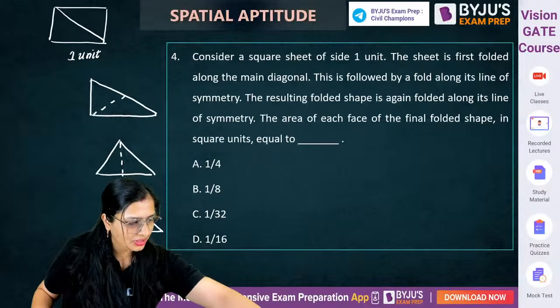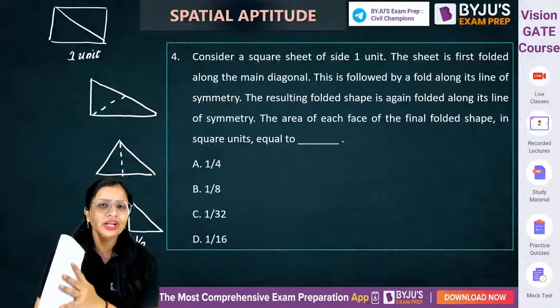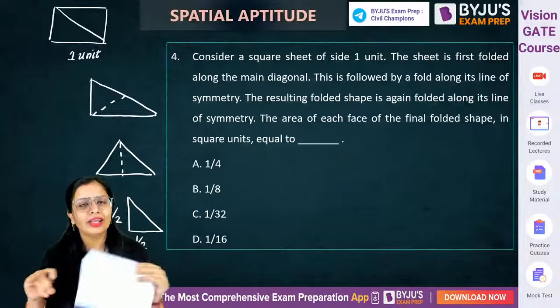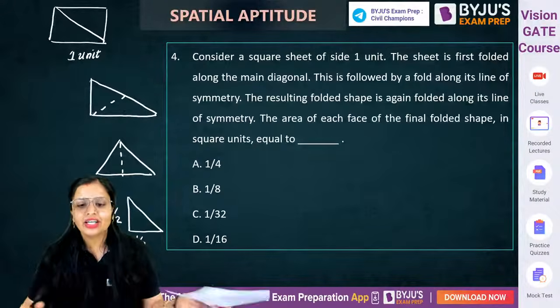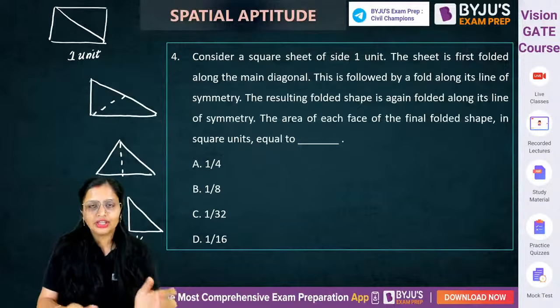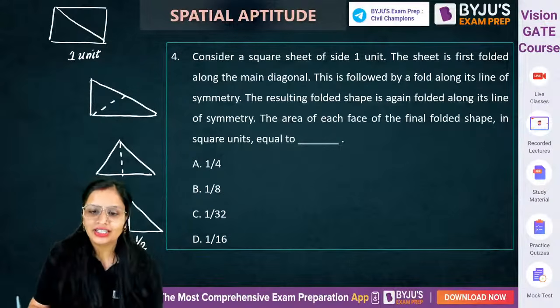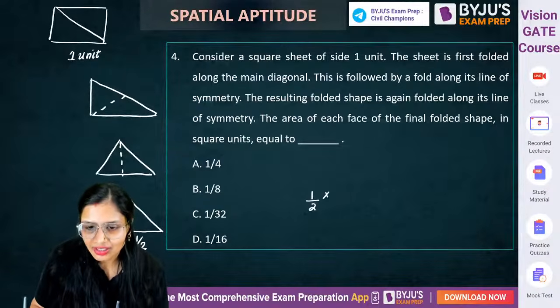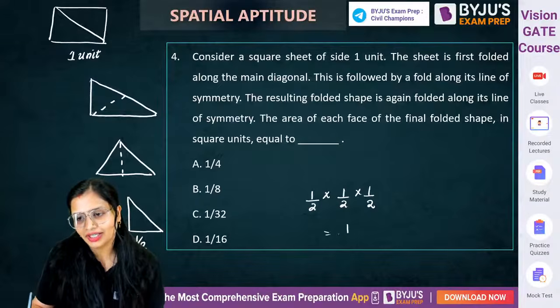But this paper is rectangular, right? When you fold it, you make it half, then fold it along the line of symmetry. So instead of 1 unit, it will become half a unit. If you calculate the area, it will be half base into height, so this will be 1/8.